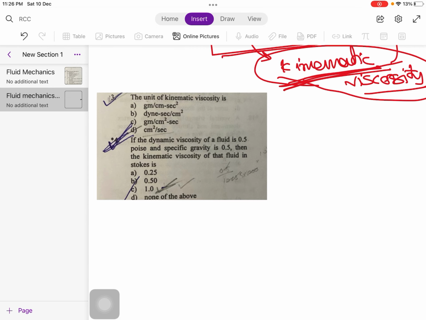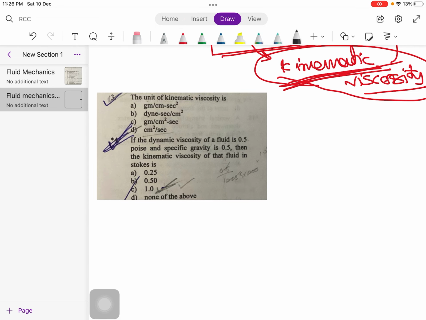So let us note the details given in this question. Dynamic viscosity, that is mu, is 0.5 poise, and specific gravity is 0.5, and we need to find kinematic viscosity in Stokes.